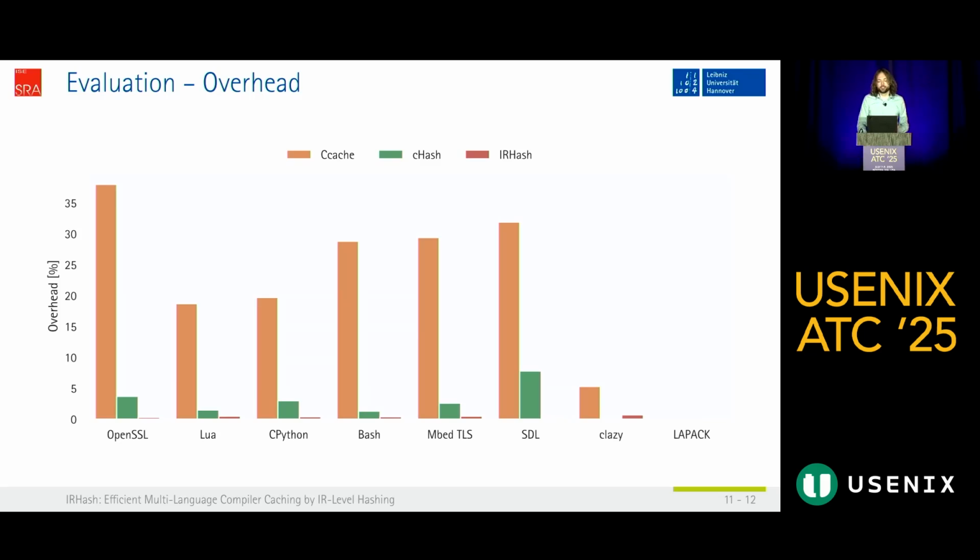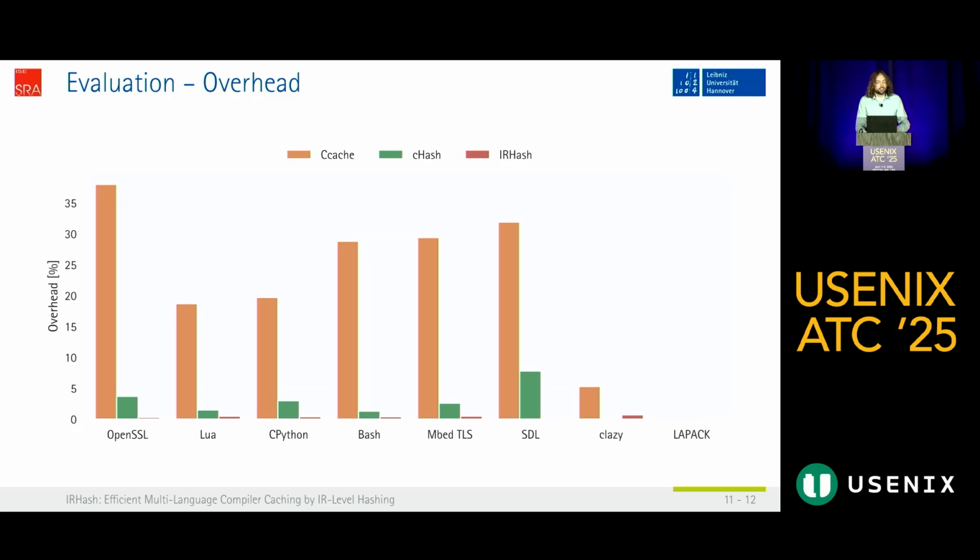So IRHash has an overhead consistently below 1%. So why is this? Ccache has the problem of having to hash a lot of data because it's the complete source code, including all headers and so on. And also they have to do it twice, once before the preprocessor and once after it in case of a cache miss.